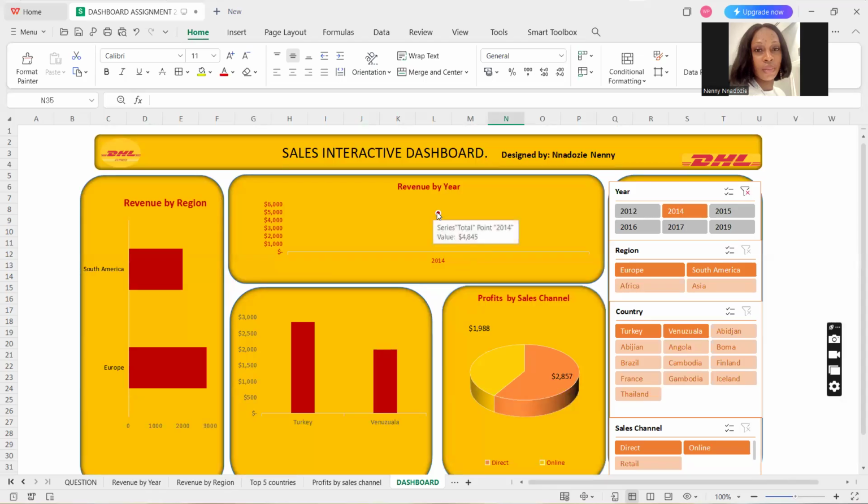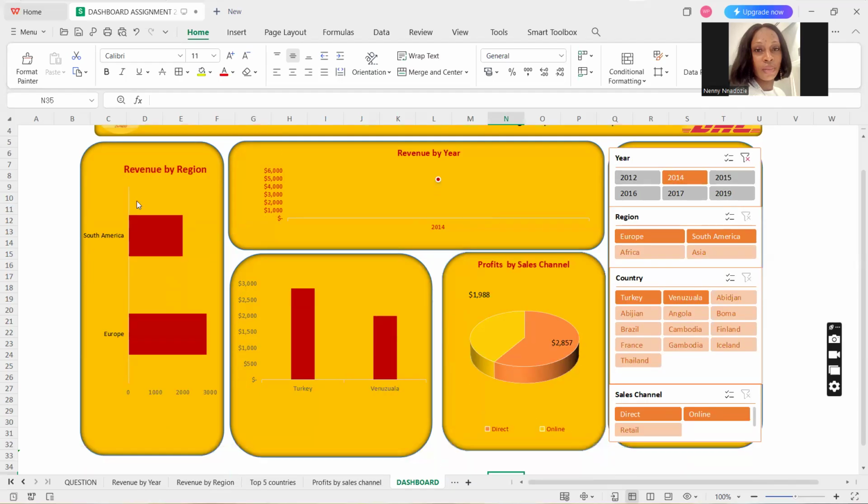2014, a revenue of $4,845 was made. Then revenue by region. If we check the revenue by region, you see it's just 2 regions that made sales in 2014, according to my chart here on my dashboard: South America and Europe.